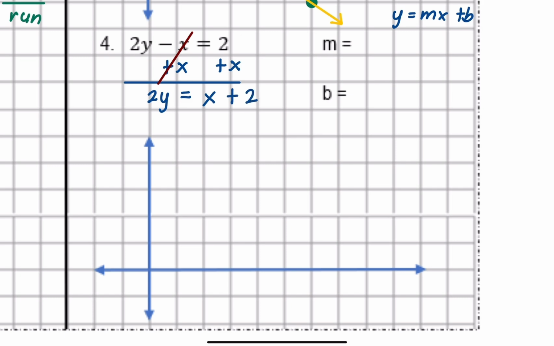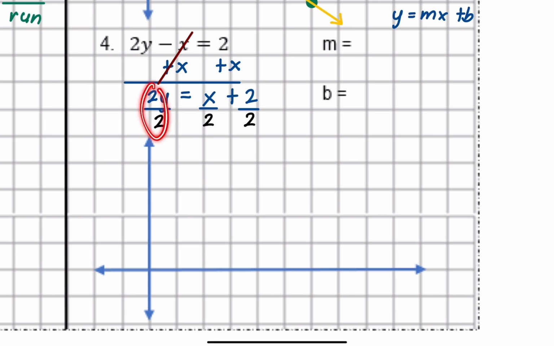Is this the final answer? Not yet, because we have a coefficient of 2 here. So how can we eliminate positive 2 on the left side of y, or on the coefficient of y? So we have to divide both sides and all the terms by 2. Okay?